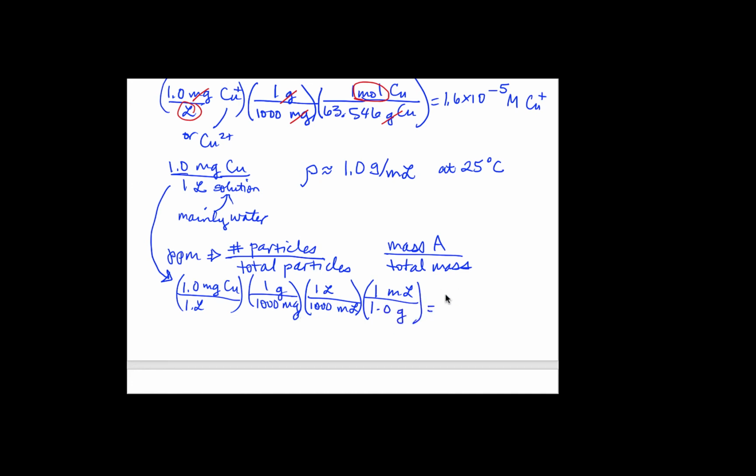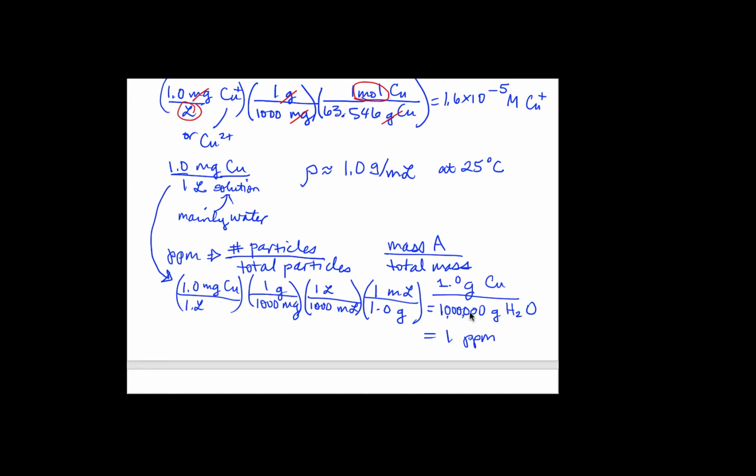And if we calculate this through, then we're going to have 1 gram of copper per 1 million grams of water. And when we look at these, our grams are canceling each other out. This is the same thing as 1 part per million.